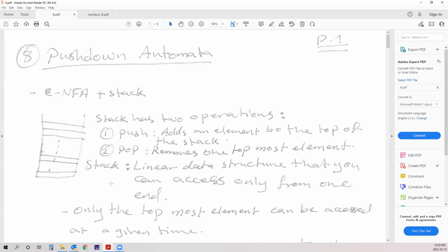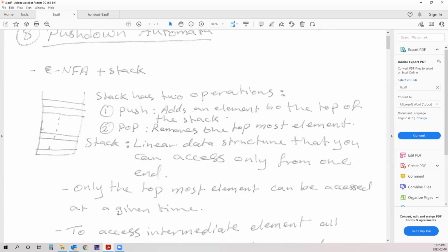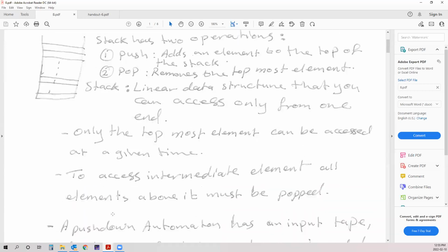Pop removes the topmost element from the stack. A stack is a linear data structure that you can access only from one end. We cannot go to the bottom of the stack immediately. Only the topmost element can be accessed at a given time. To access an intermediate element, all elements above it must be popped.